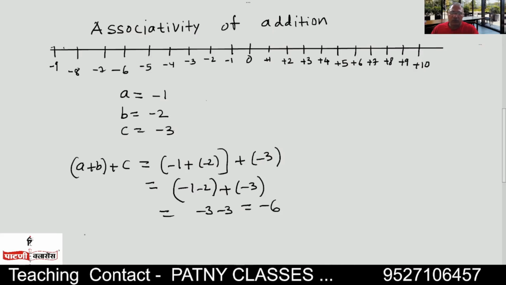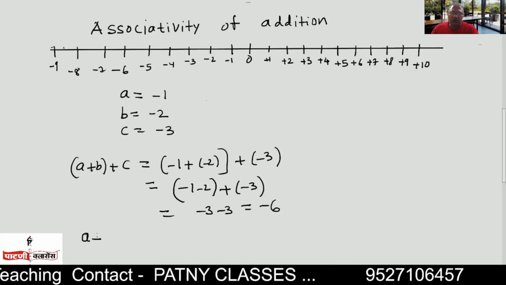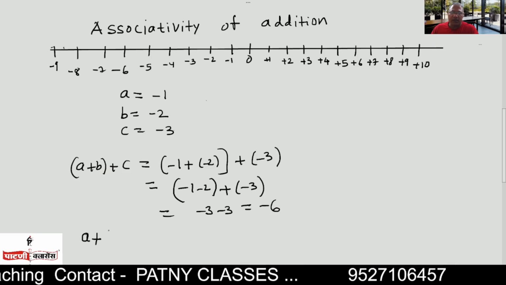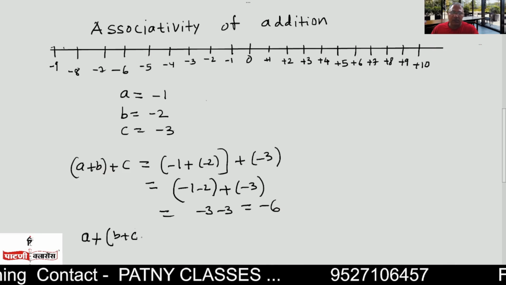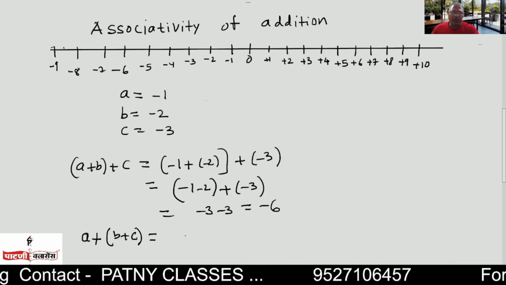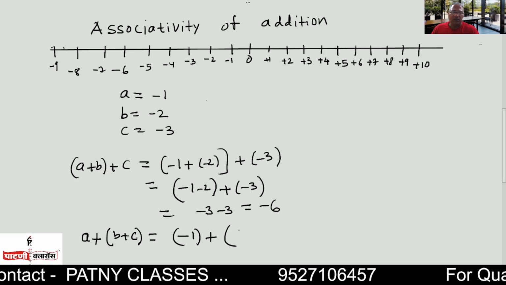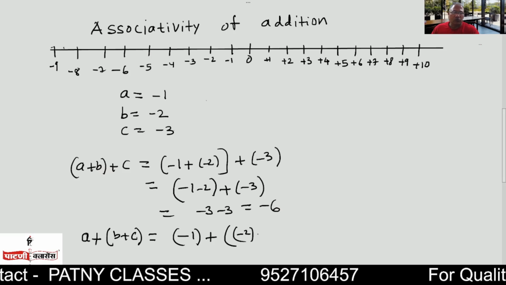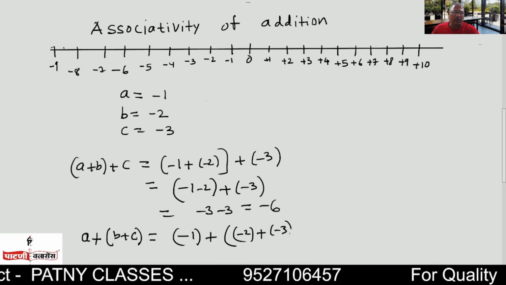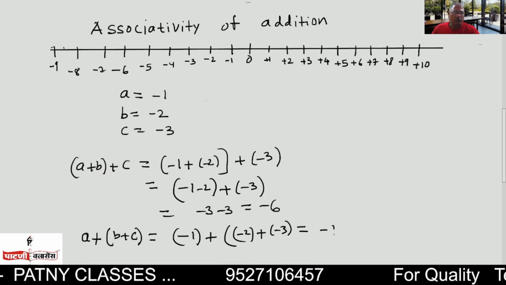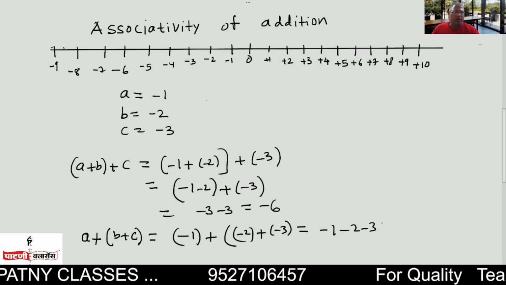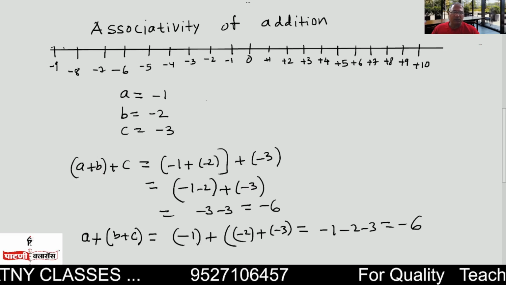Now let us change the order of addition: a plus (b plus c). So a is -1 here, added to b plus c, that is -2 added to -3, equals -1 -2 -3 equals -6.